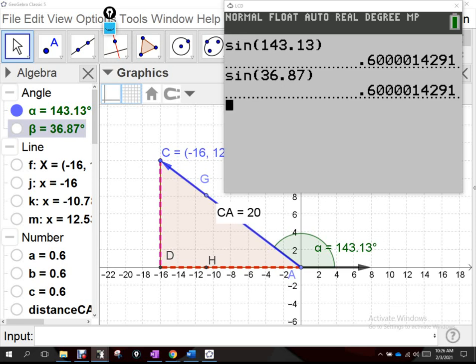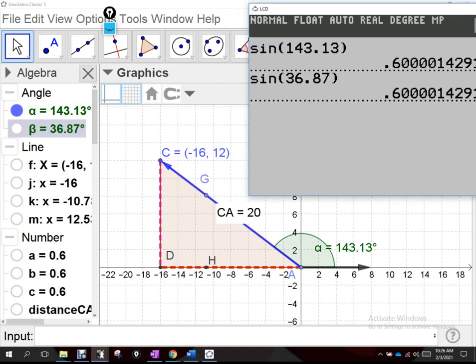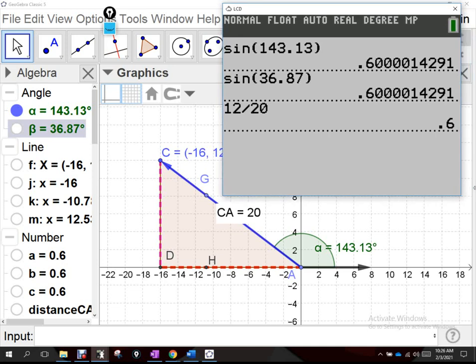Now what I'd like you to do, because y divided by r is sine, right, take 12, because that's your y value here, divided by the hypotenuse, which would be 20. Take 12 divided by 20. That's 0.6, right?